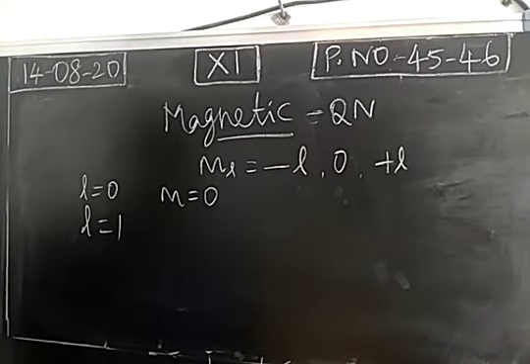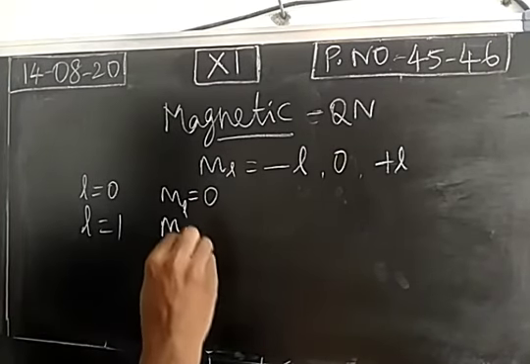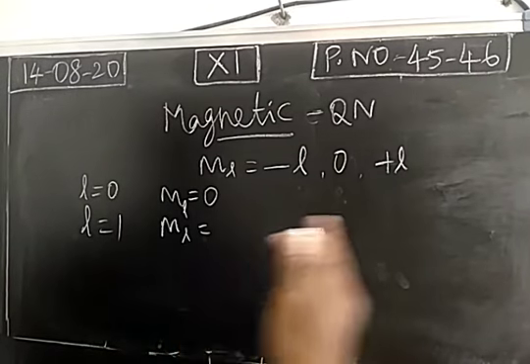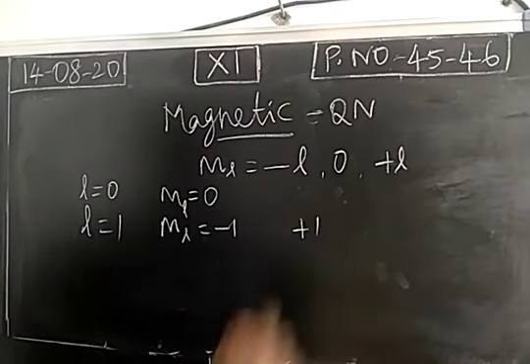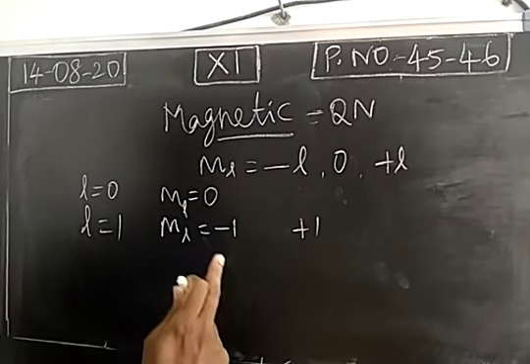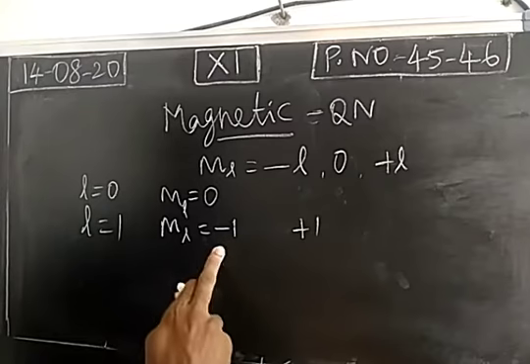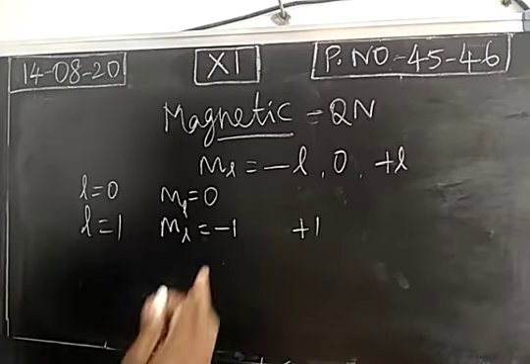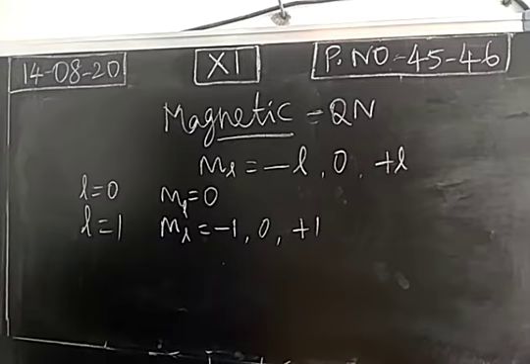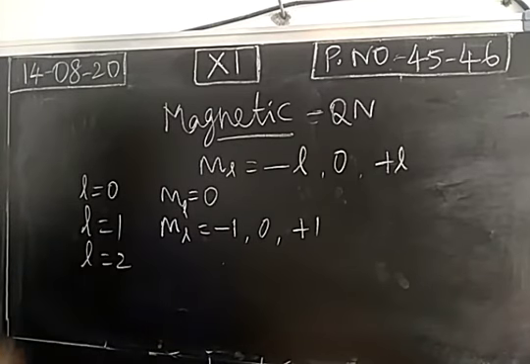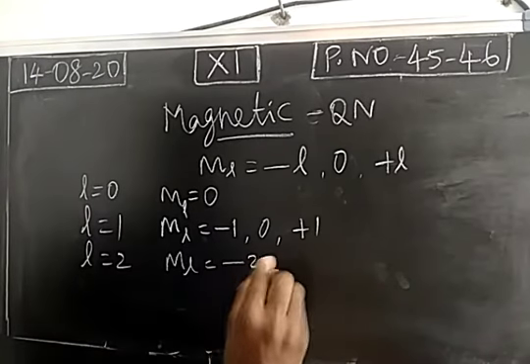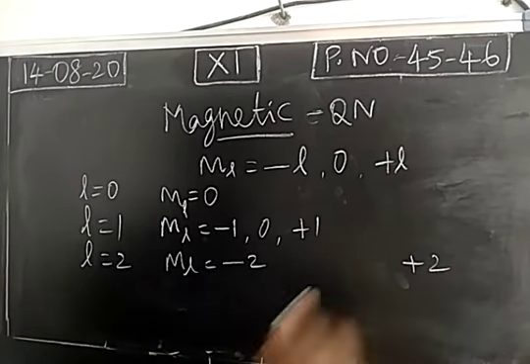Azimuthal quantum number 1 means the magnetic quantum number value should be from minus 1 to plus 1. So the magnetic quantum number is written from minus L to plus L, with L value 1, so minus 1 to plus 1 through 0. In between, what is there? The digit 0. For azimuthal quantum number 2, the magnetic quantum number starts from minus 2 and ends with plus 2 through 0.